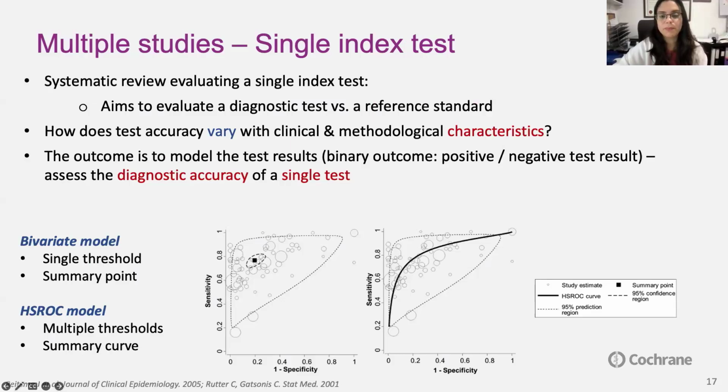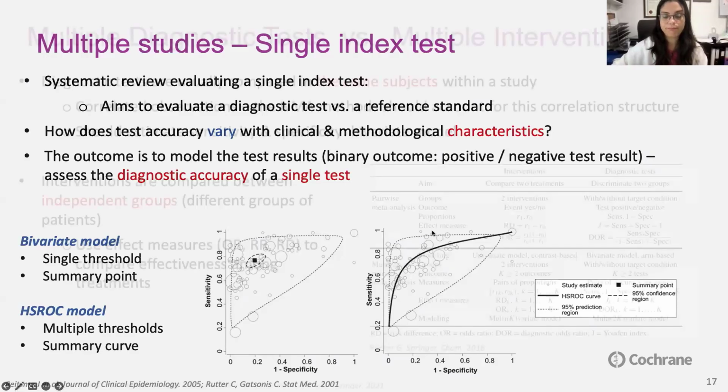They also account for correlations between the diseased and non-diseased across the studies, and they also allow accuracy and threshold to be fitted as random effects, because we expect that the accuracy will vary with clinical and methodological characteristics. So these models have been extended to assess multiple tests in a single model, and Sophia will give us more details on this.